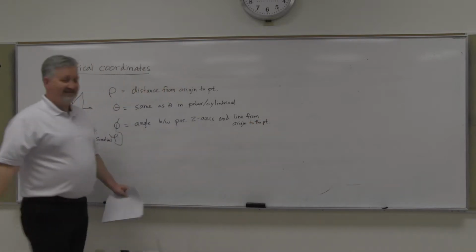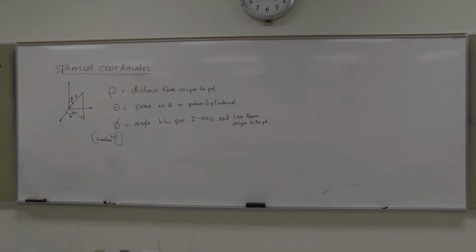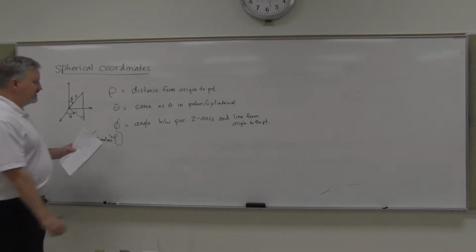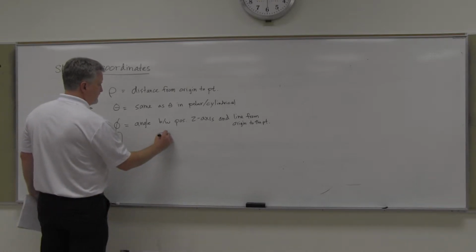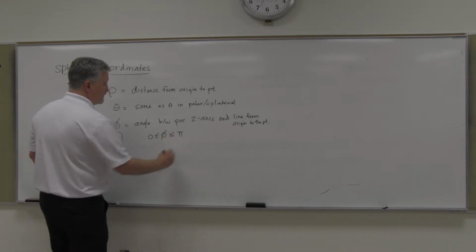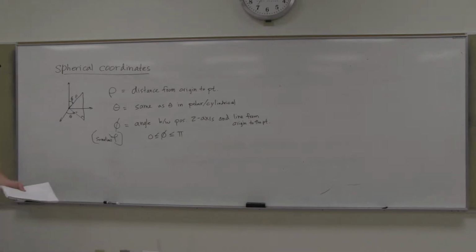Okay? It's a lot different, isn't it? That's a whole lot different. We haven't really done anything quite like that before. I mean, we've done theta, but that's what spherical coordinates are. Note here that phi, we're talking about usually just positive angles for it, 0 to pi.